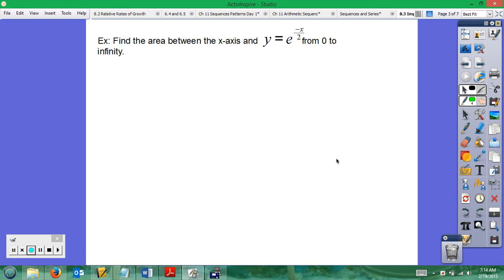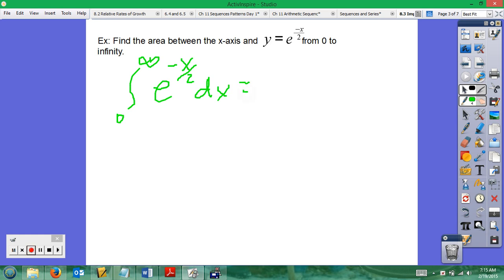If we were setting up an integral, it'd be the integral from 0 to infinity of e to the negative x over 2. Now here is the procedure. It is a little different than you'd think, but you can work through it intuitively.